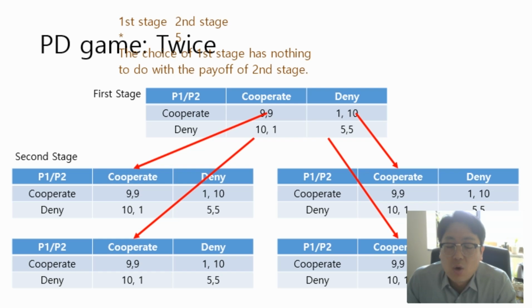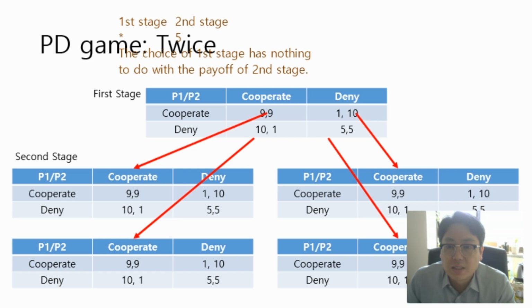What it means, we can think this is not true all the time. Because that is a special type of game, it happens. If we deal with different games, it does not hold in this sense. Anyway, for this special type of game, the first stage's choice has nothing to do with the second stage's payoff.